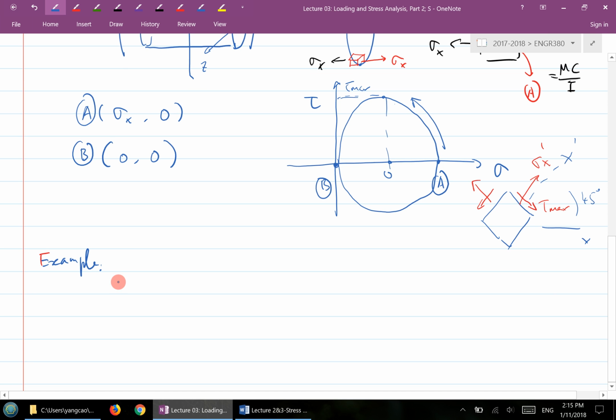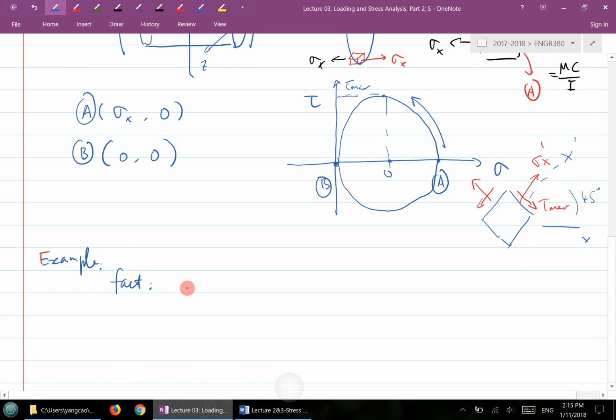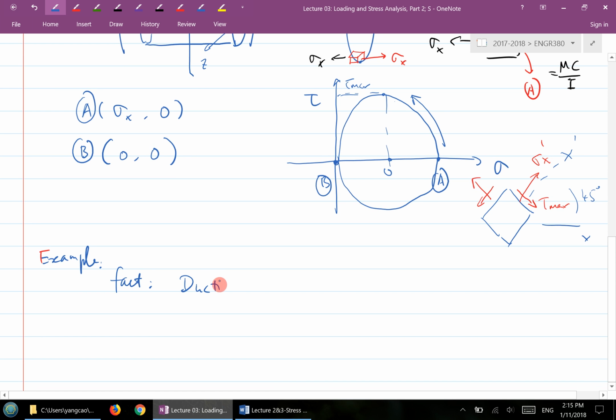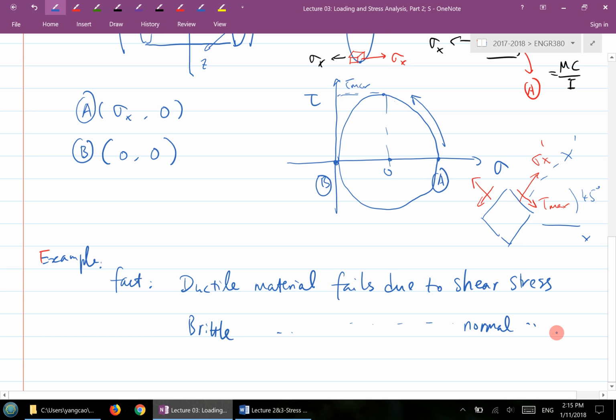A ductile material typically fails due to shear stress, and a brittle material fails due to normal stress. That's a fact.